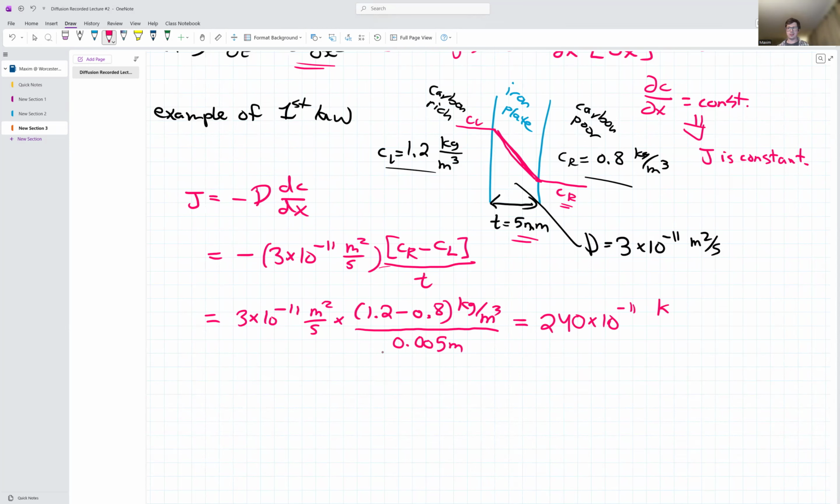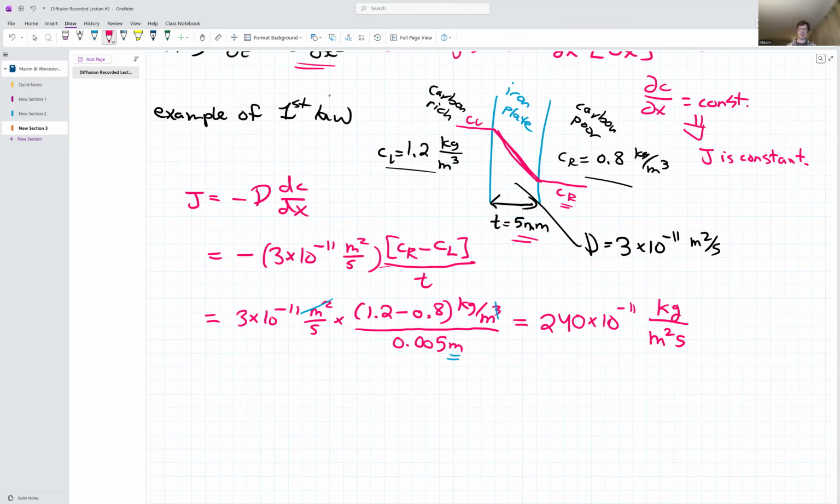Upstairs, we have the units of kilograms. There's some cancellations. So this meters squared cancels two of those, so you're just left with over meters there. But there's another meters here. So the overall effect is you have over meters squared, and there's also seconds. So kilograms per meter squared second.